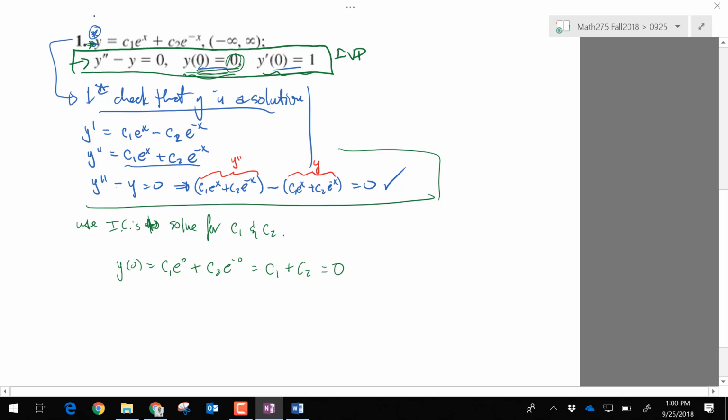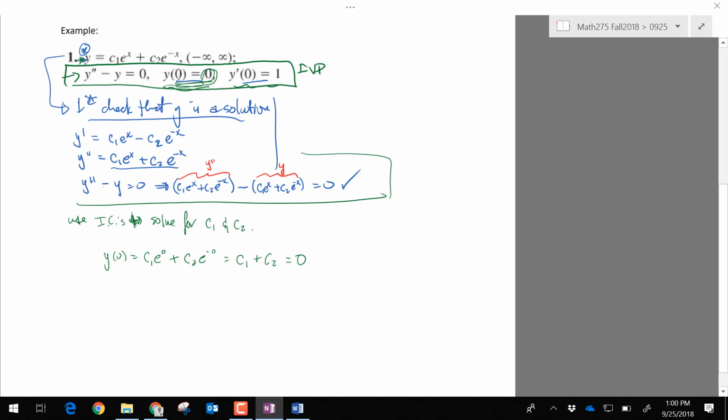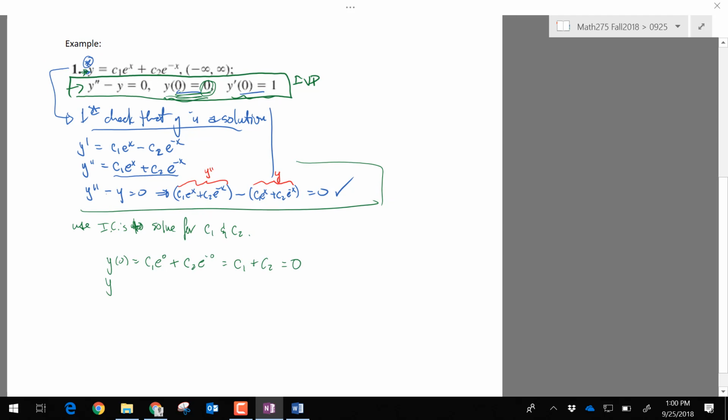So that's one equation with two unknowns, and then we'll use a second initial condition, the y prime. So y prime of 0, we did y prime over here. So that's C1 e to the 0 minus C2 e to the negative 0. So that's C1 minus C2 is equal to 1.